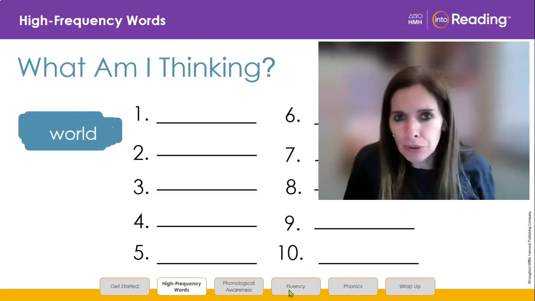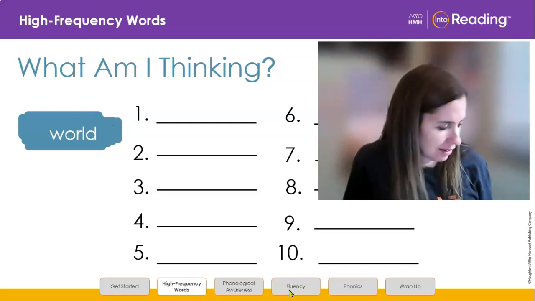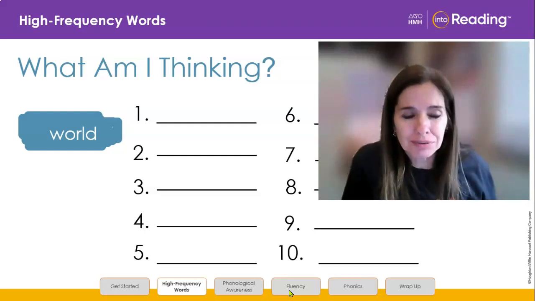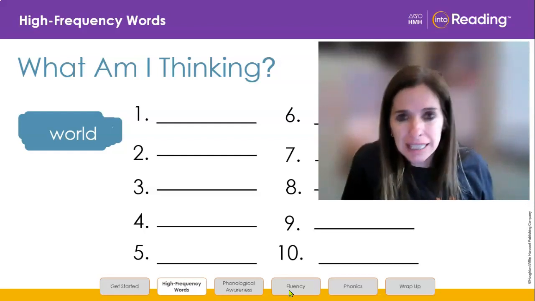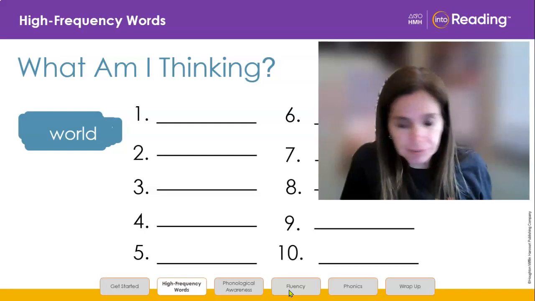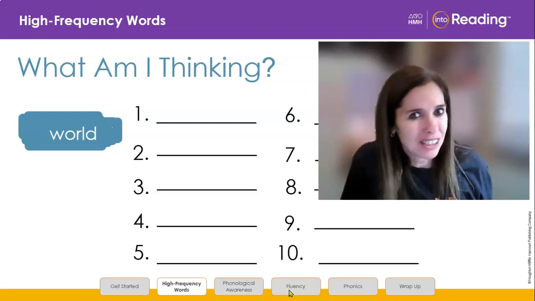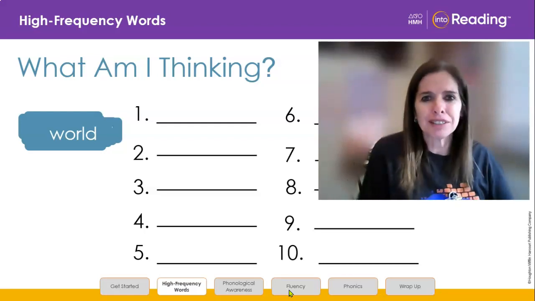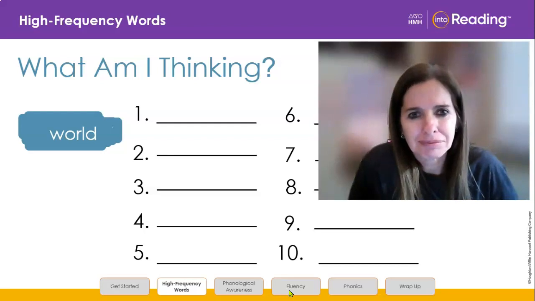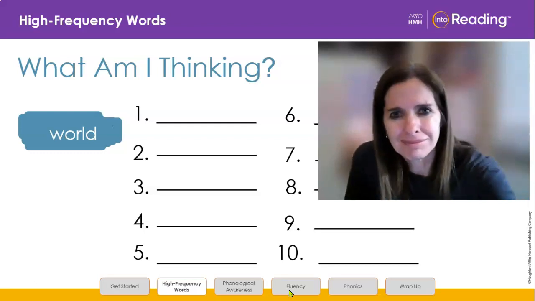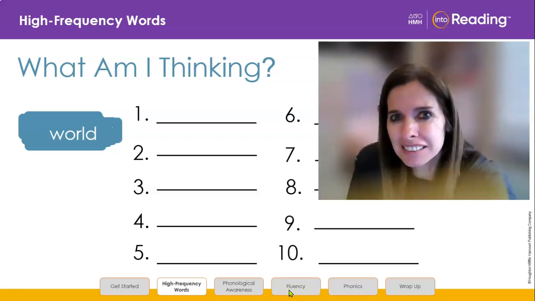So, for number 3, the clues are: it has 4 letters, it rhymes with wide, and it has a vowel consonant E pattern. If you think you have it, write it next to number 3. What word was I thinking?